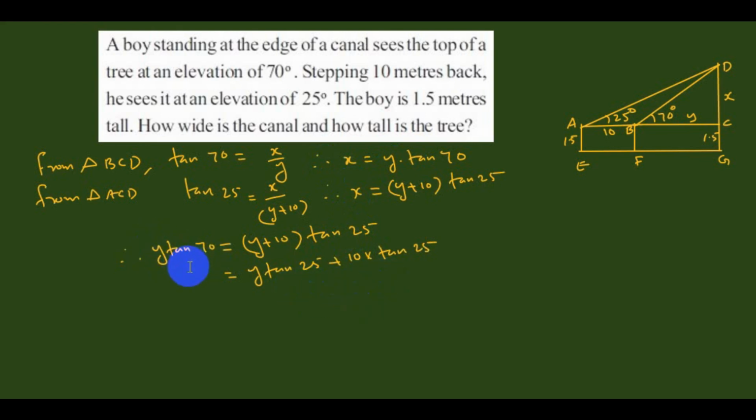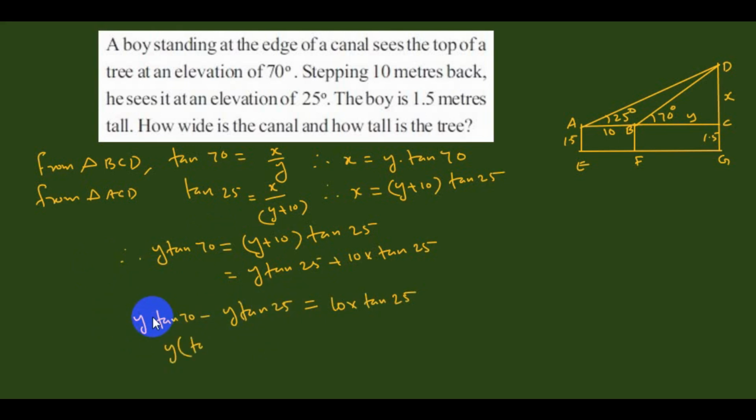Here y tan 70 is there at this side. Therefore y tan 70 minus y tan 25 is equal to, we need to get the value of y. For this y tan 25 is taken to the other side, and here it is left 10 into tan 25. Both these terms contain y, therefore that y can be taken out.